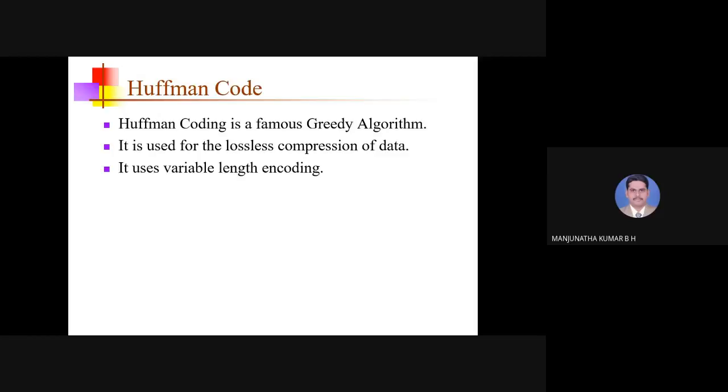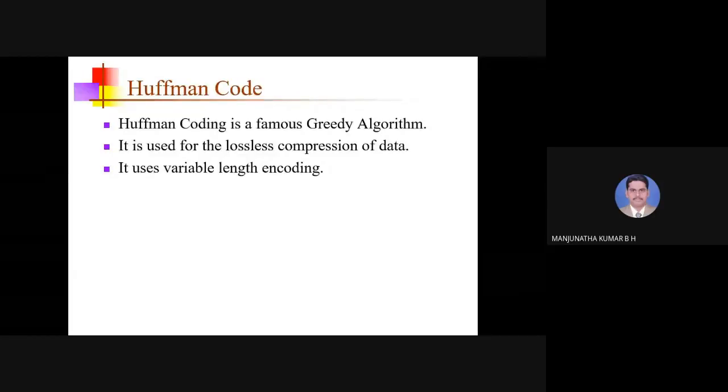It is called variable length encoding. It means that the length I am using to encode the data characters is not fixed. It is variable length. For example, to encode A, I may use only 2 characters. To encode B, I may use 3 characters.